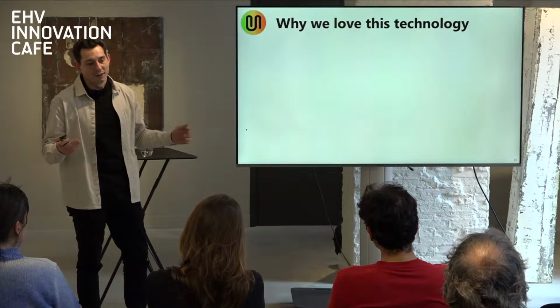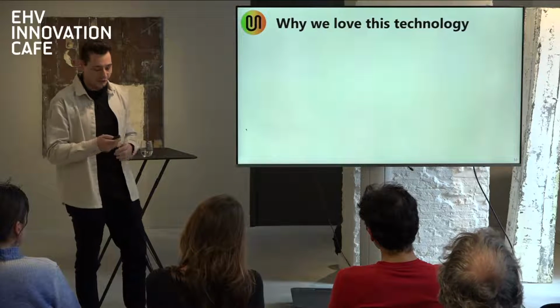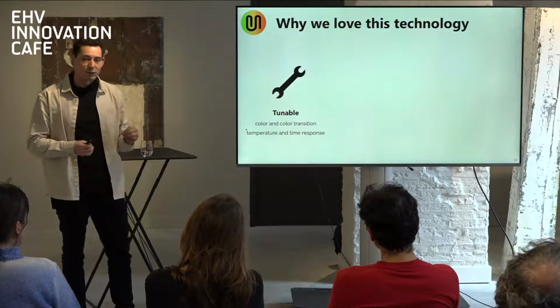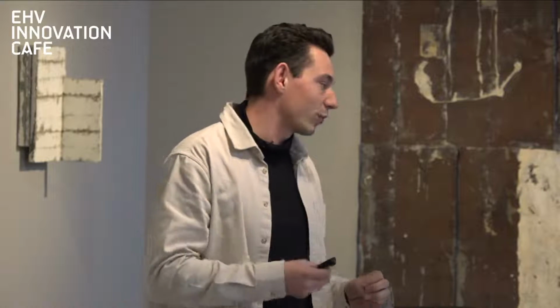And so, yeah, now why do we love this technology this much that we want to build a company around it? Well, we can really tune it down to the molecular level, so we can program it to be a desired color change, but also a desired time and temperature response. So we can make product-specific indicators based on the formula of our ink.